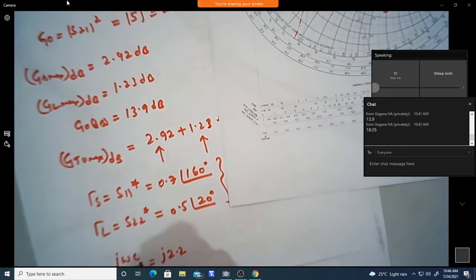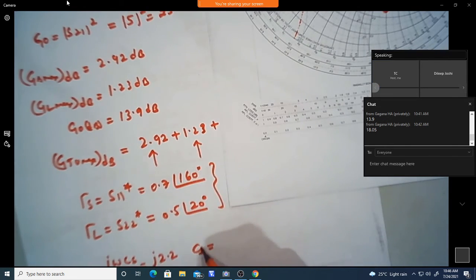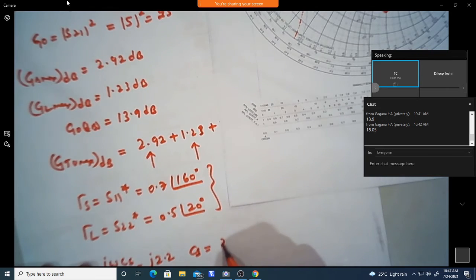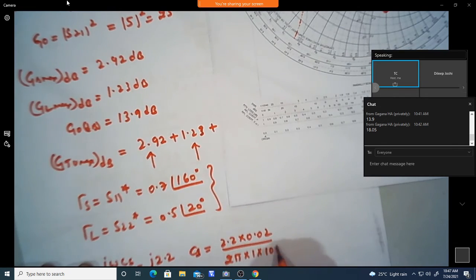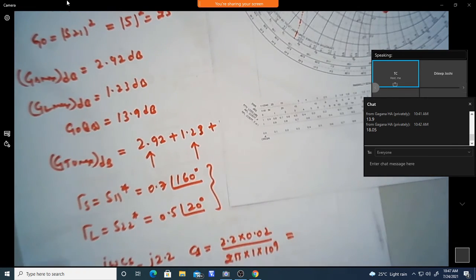Now find out the value of CS. CS equal to 2.2 into 0.02 divided by 2 pi into 1 gigahertz, 1 into 10 power 9. Find out the value of CS.